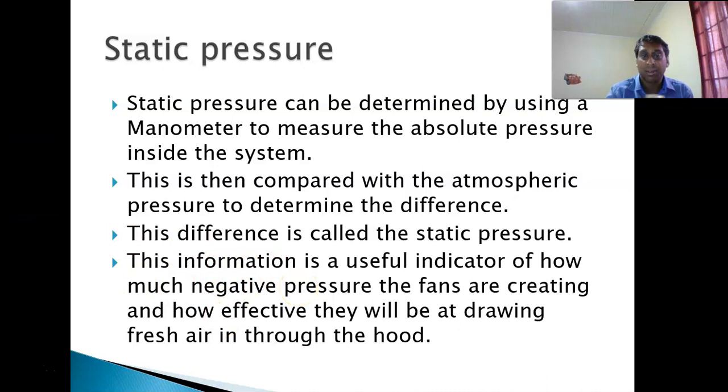Negative pressure pulls air in. For example, a vacuum operates on negative pressure. If you have air that is being expelled, that's called positive pressure. Again, I don't think any of these are really exam points anyway, but just to know them.